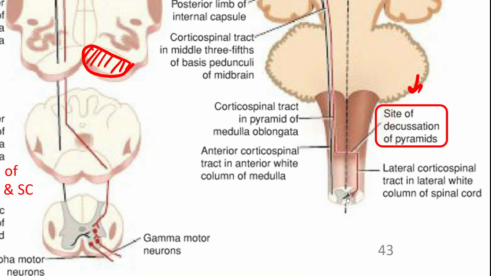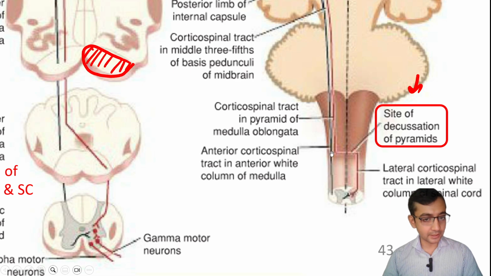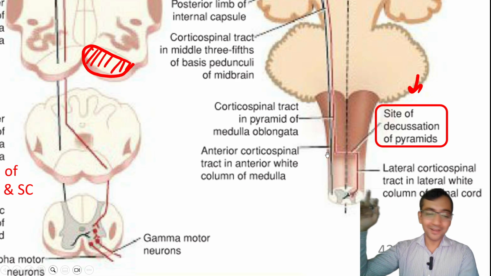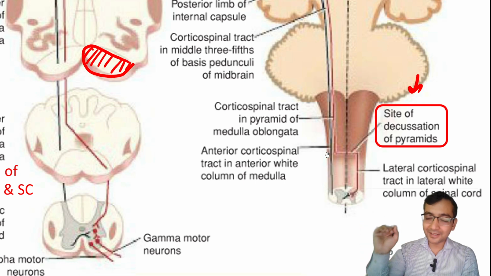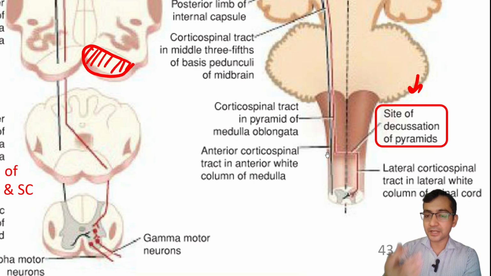Do you remember that at the very start of the spinal cord we discussed that the demarcating point between the spinal cord and the medulla oblongata is the pyramidal decussation? As the fibers cross here, they obliterate the anterior median fissure, and that is why it is visible externally.